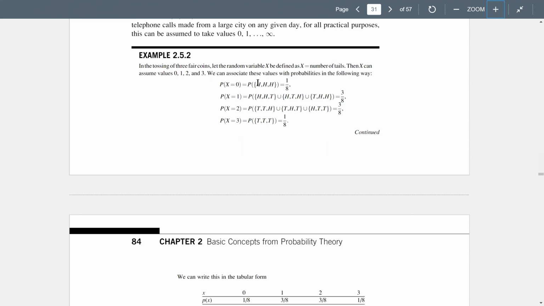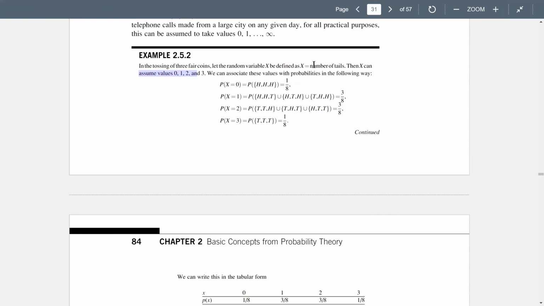They are 2 by 2 by 2, 8 outcomes, because each coin has 2 outcomes, head or tail. But there's only one case, which is 3 heads or 0 tails.